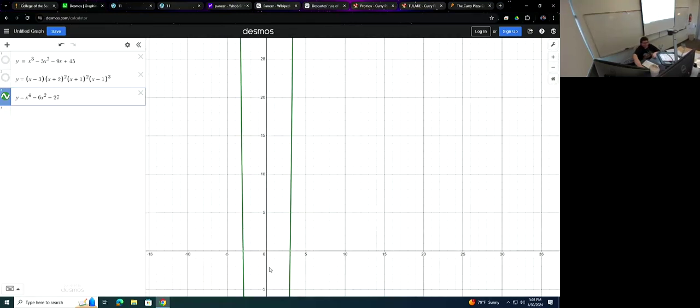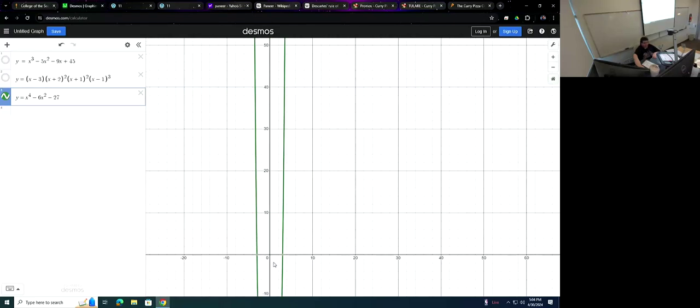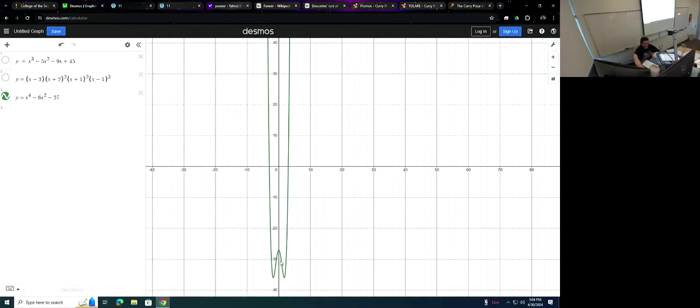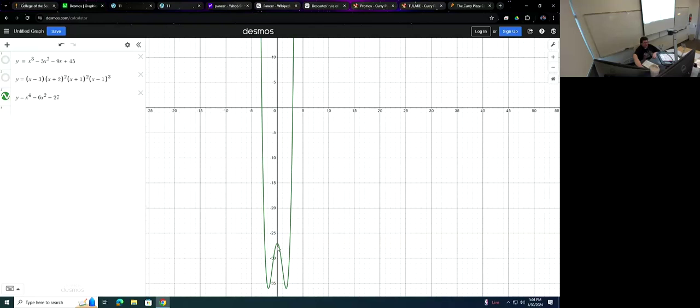Even though it should have 4 roots, it's only crossing in 2 spots because 2 of them are complex. We still see the 3 turning points here, 1 less than the 4. But there's only 2 roots.